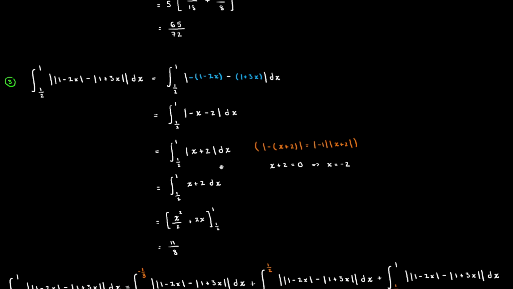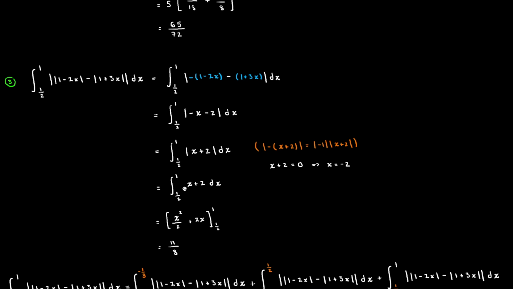And again, now you might be getting used to this. We just have to see where x plus 2 changes sign, and you can do that just by checking when x plus 2 equals 0. Well, it happens at minus 2. And then you want to see what happens to the left and right of minus 2. In this case, we are to the right of minus 2, since we are integrating over the interval from 1/2 to 1.